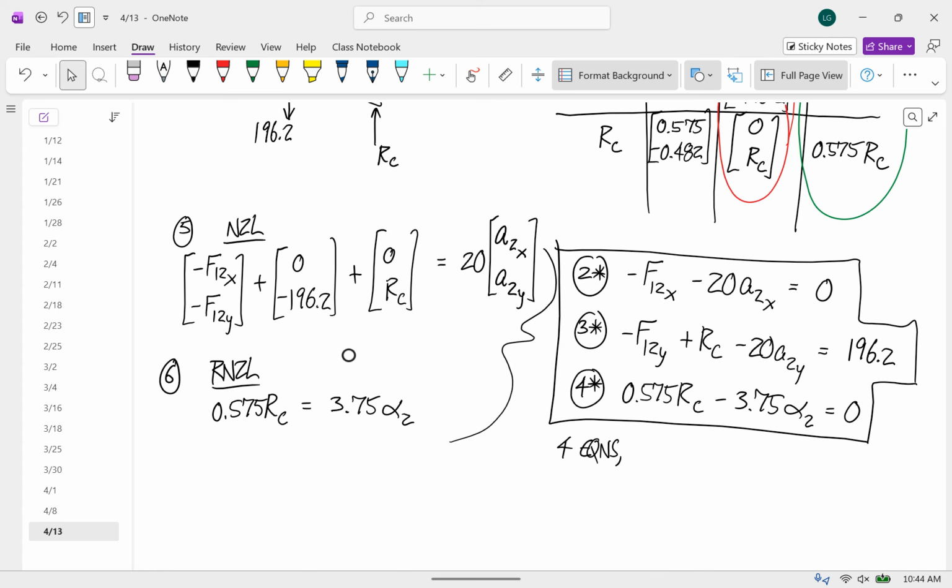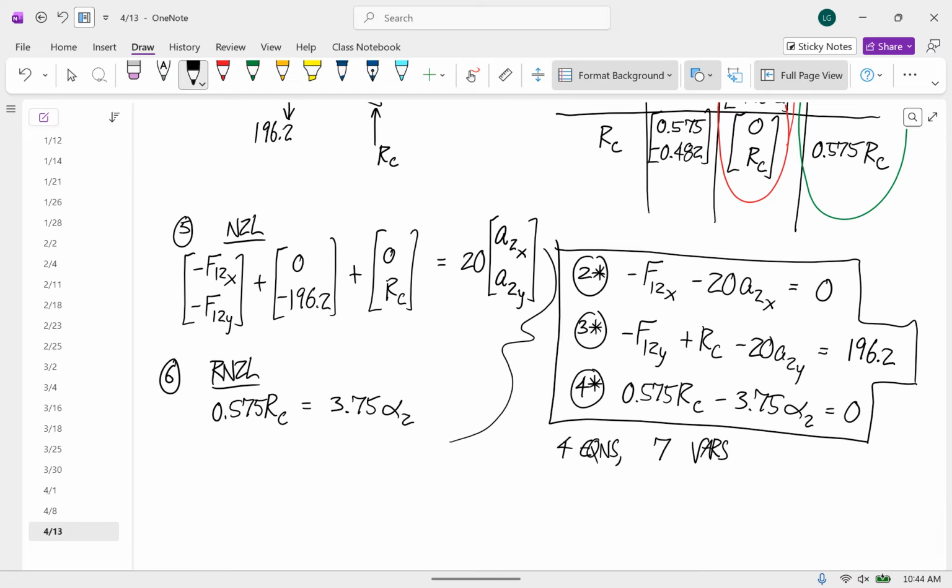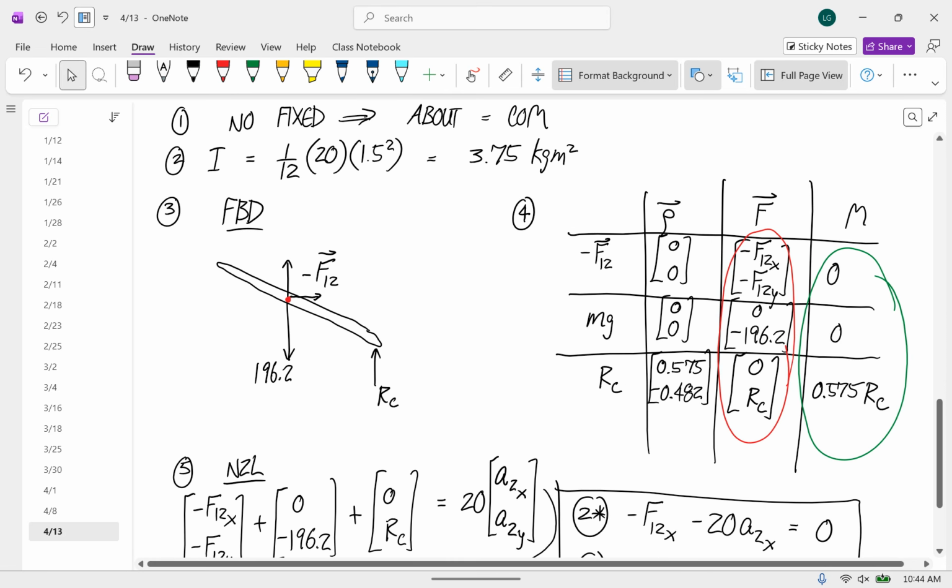And alpha 2 is 7. It's always good to make sure as you go along that things are working out the way they are supposed to. But when I said we should have 7 variables, I wasn't saying that based on counting the variables, which we just did and saw that it matched. I was saying that by thinking about the number of constraint equations that we were going to need to have.